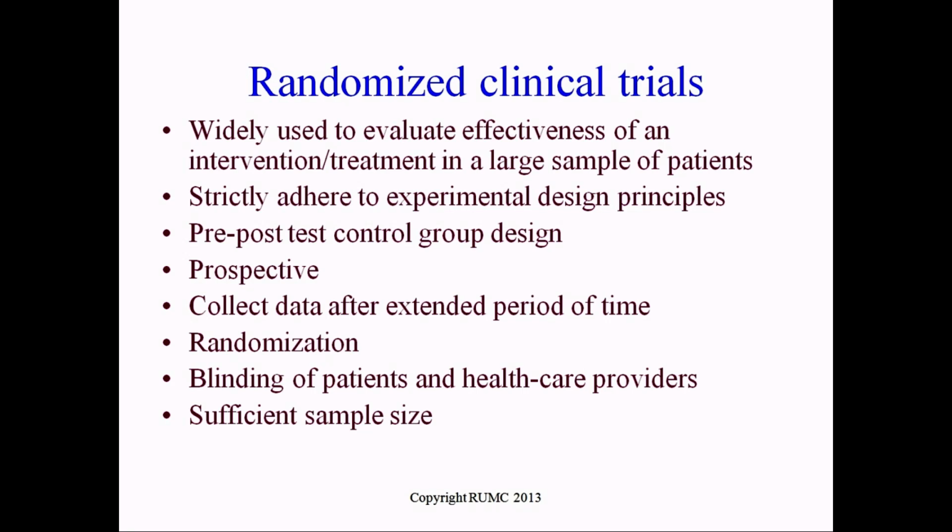The other part of a randomized clinical trial that you may have read or heard about is blinding of patients and healthcare providers. And really what that means is that the intervention, and it's usually a drug study, the type of drug that is given, whether the person is in the randomized group that's receiving the placebo versus receiving the experimental medication, or however the designs are set up. As an example of blinding, the medications are made to look exactly the same so that the patients don't see a difference.